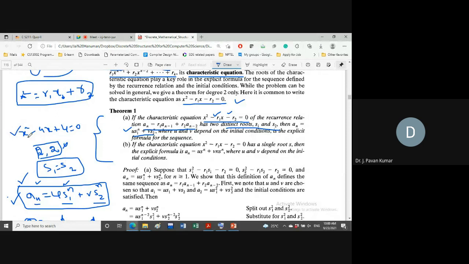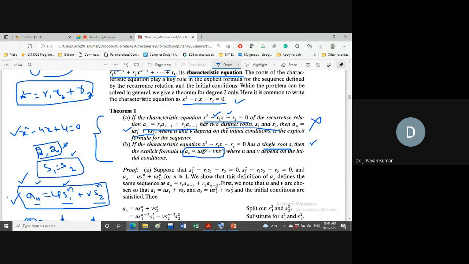Now let us see the other case, if s1 and s2 are equal. If you consider this characteristic equation, we have obtained two roots as 2 and 2. So s1 and s2 are both the same, we don't have distinct roots, so this condition cannot be applied. Now we are having a single root. Then the explicit formula is u into s power n plus v into n into s power n.